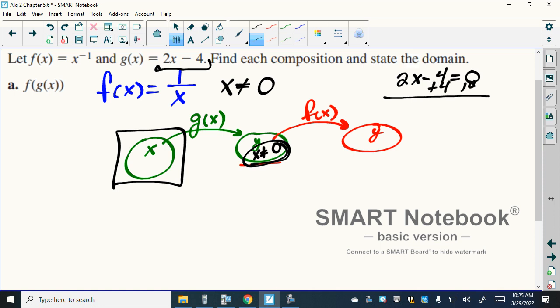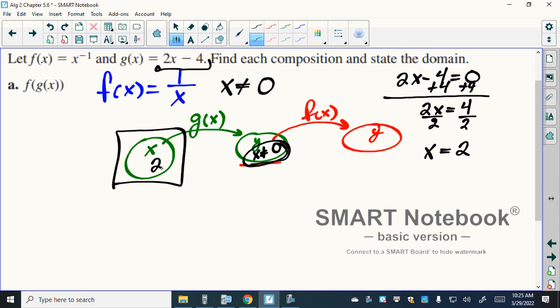So we'd add 4, saying 2x is equal to 4, and exactly x is equal to 2. So if 2 is contained in the domain of g of x, it would give us an output of 0, which would give us an undefined value in f of x, yes?